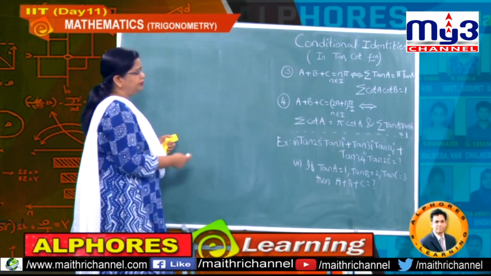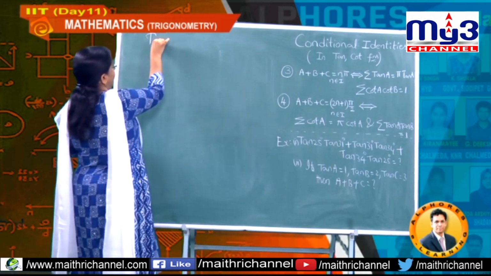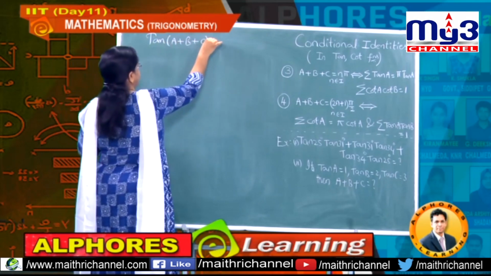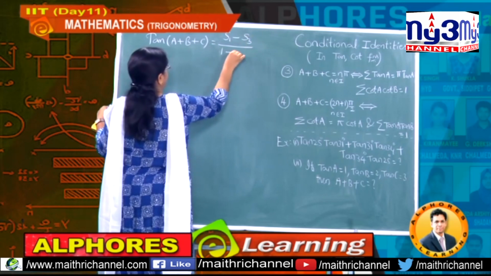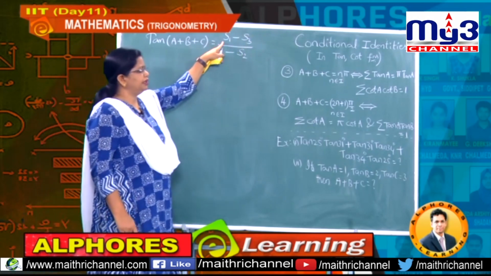I think all of you remember that in previous sessions we discussed tan of A plus B plus C. What is the formula? It is nothing but S1 minus S3 divided by 1 minus S2. Okay. So what is S1 representing here?